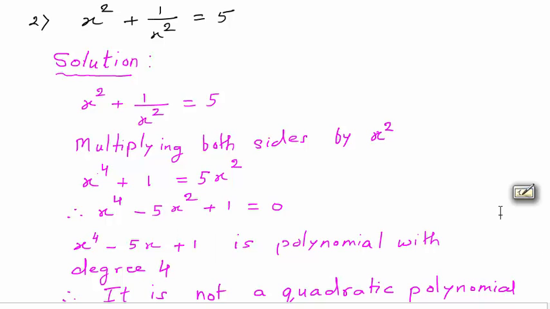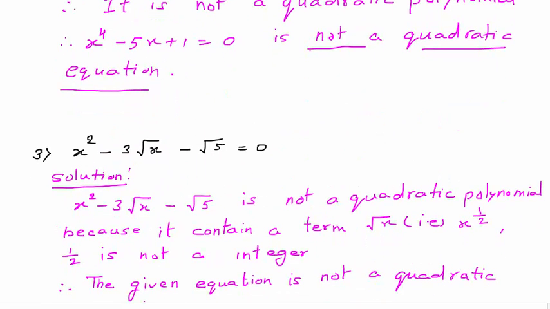Therefore, x power 4 minus 5x square plus 1 is a polynomial with degree 4. So we say that this is not a quadratic polynomial, and hence x power 4 minus 5x square plus 1 equal to 0 is not a quadratic equation. Third problem is x square minus 3 root x minus root 5 equal to 0.